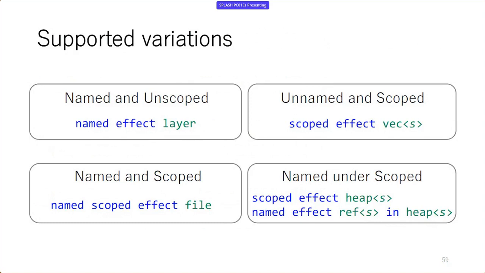Indeed, in our 3 practical applications mentioned before, we all use different variations of named handlers. And one thing to note here is that for the unscoped variation, Koka inserts an exception effect because the program may raise a runtime error due to the absence of matching handlers.